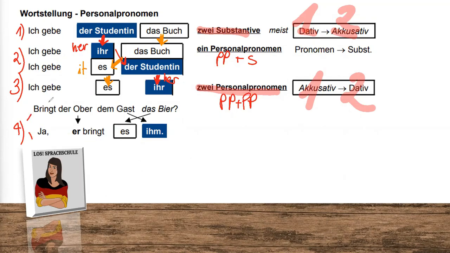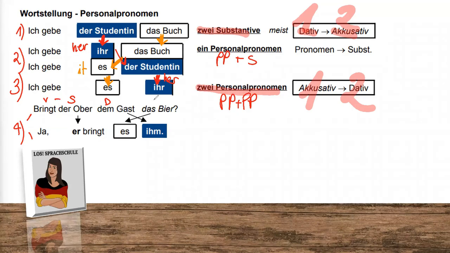So of course, the question must start with a verb if it's not with a question word. So verb, bringt der Ober dem Gast das Bier. So here we have verb in the first position because it's a question, as I said. Then we have Subjekt. Then we have Dativ.